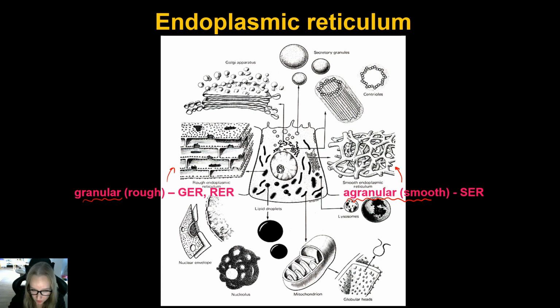What is important is that there is only one endoplasmic reticulum in each cell. Rough and smooth endoplasmic reticulum are just two forms of one endoplasmic reticulum in the cell.